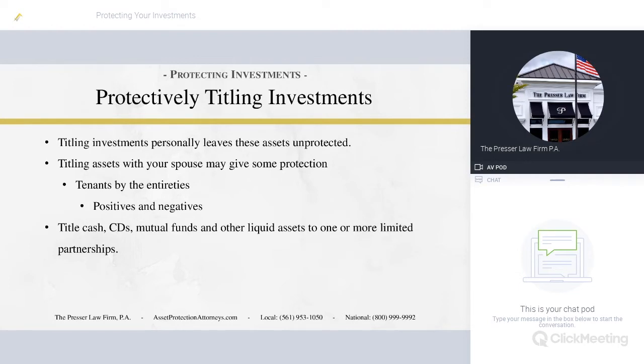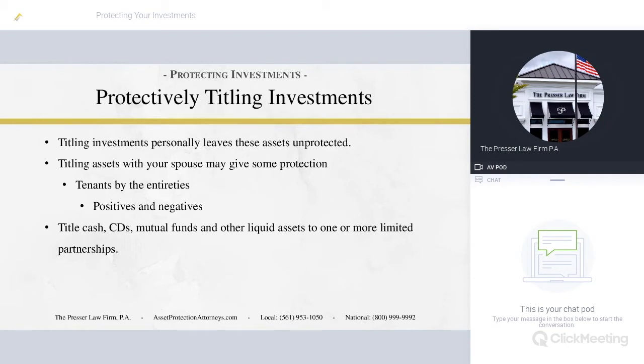The way tenants by the entireties works is that if a couple, two spouses, so it must be a married couple, own an asset, either real property or personal property, and that asset is titled as husband and wife, husband and husband, however your state lets you title it, and that asset was acquired under the same deed or instrument, at the same time, the same document, you both have equal rights to possess the property, and obviously you each have the same interest, which is an undivided interest in the whole.